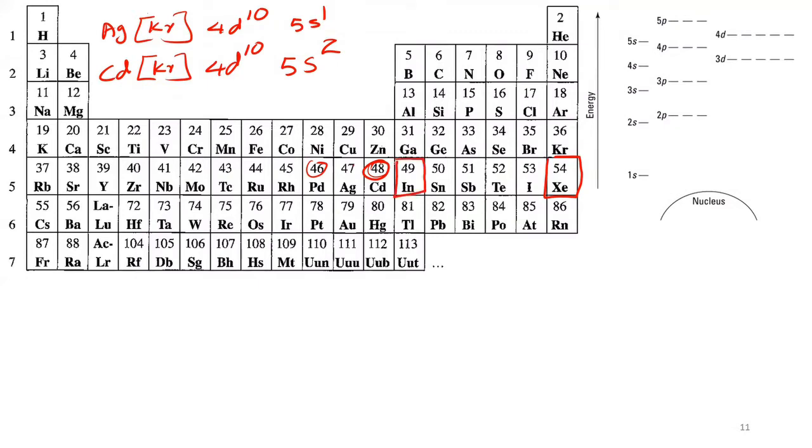And similar to the previous row, start writing the electron configurations for indium, tin, antimony, and the rest of the elements all the way to xenon.